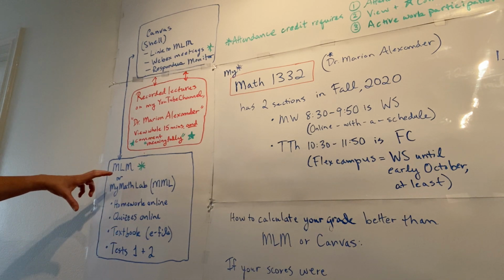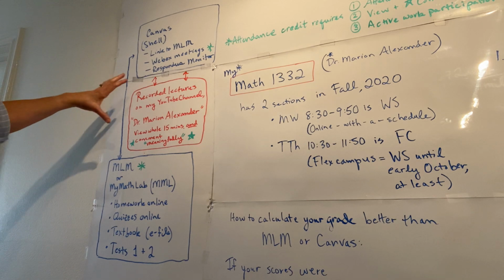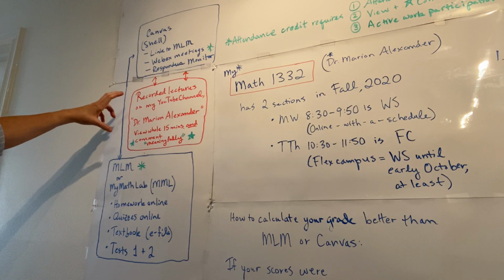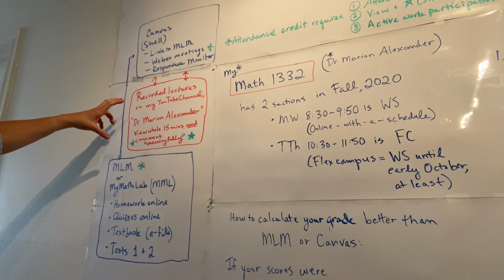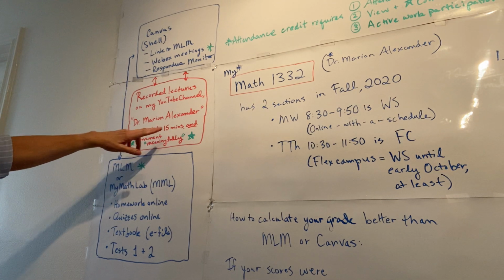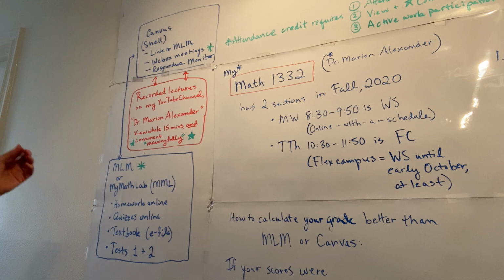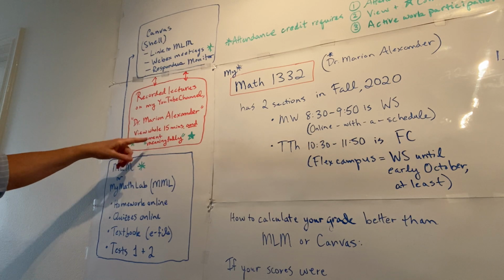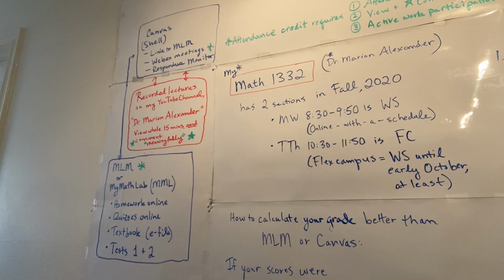To be able to understand it, you need to constantly be going back and forth to the lectures, which are usually just 15 minutes long. And again, if you missed class, the WebEx class, then commenting meaningfully on that YouTube lecture will help register your attendance there.